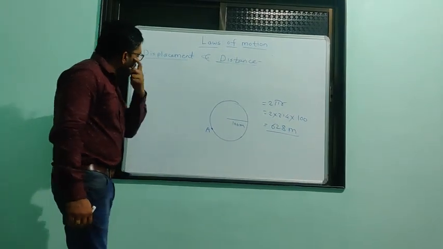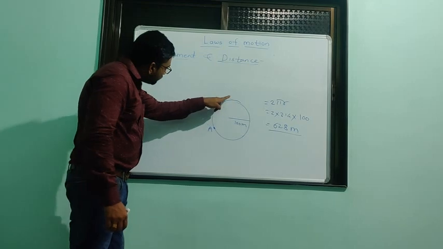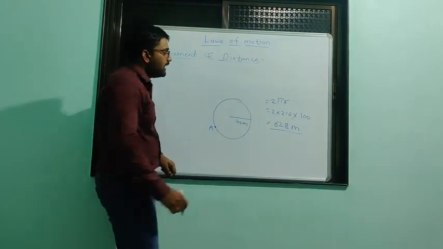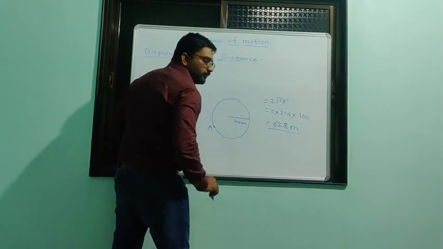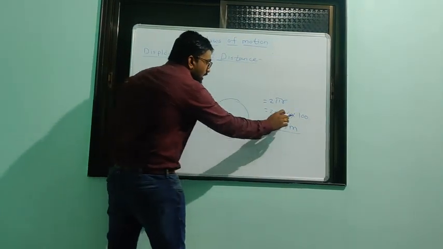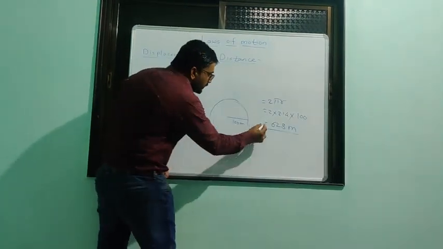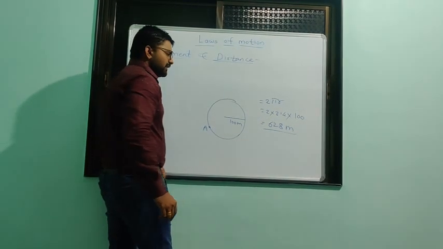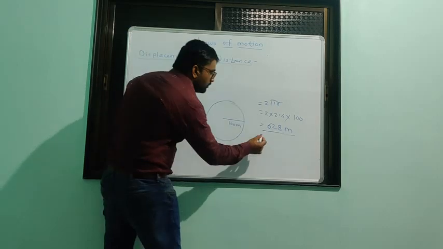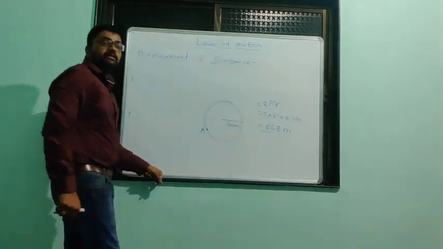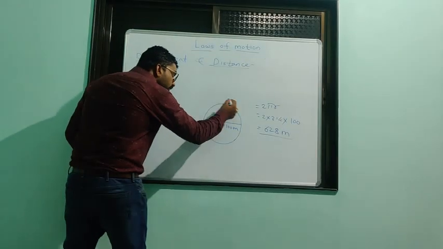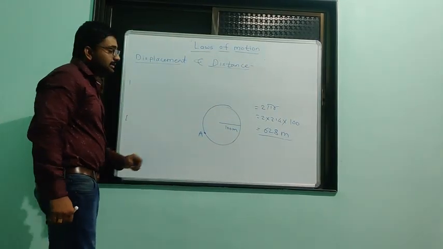We know the total length of the circumference is 2 pi r. 2 into pi 3.14 into r, which is 100 meter. So the total length of the circumference of this circle is 628 meters.